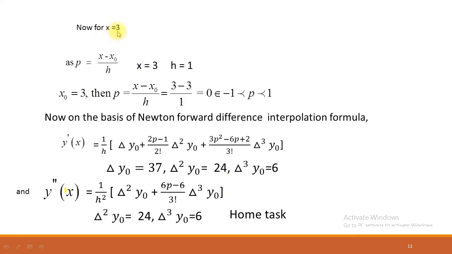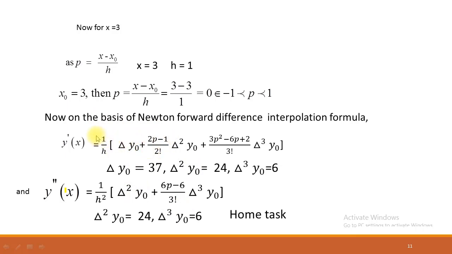Now for x equal to 3, find the first order derivative and second order derivative of the function at x equal to 3. Dear students, this is a home task for you, but I want to tell you about the value of x naught and the values of delta, delta square and delta cube, and then you can put these values in the given formulas.